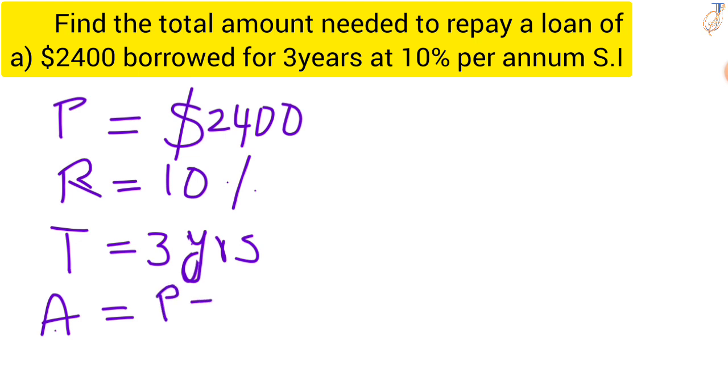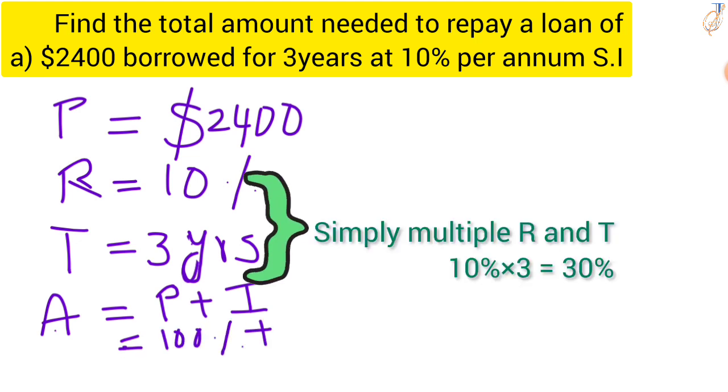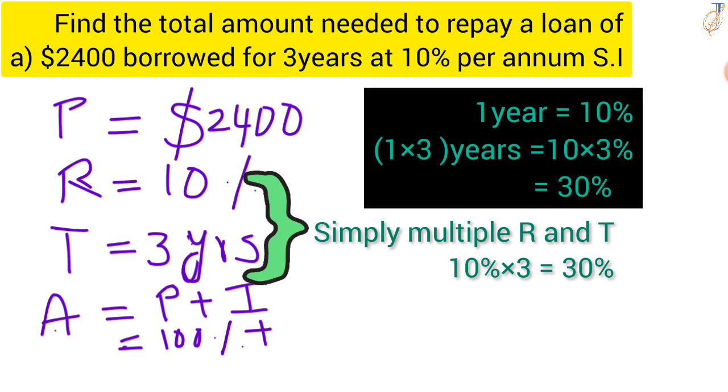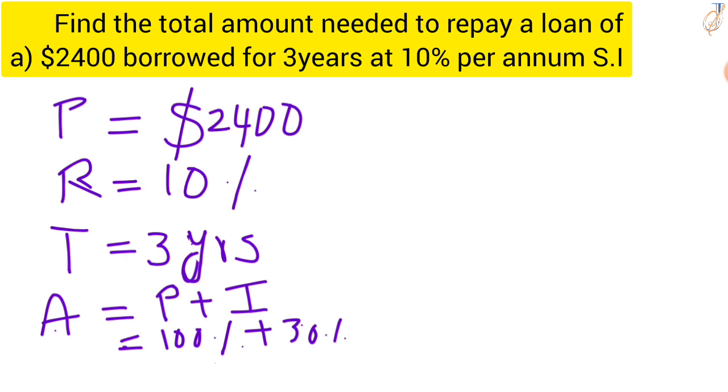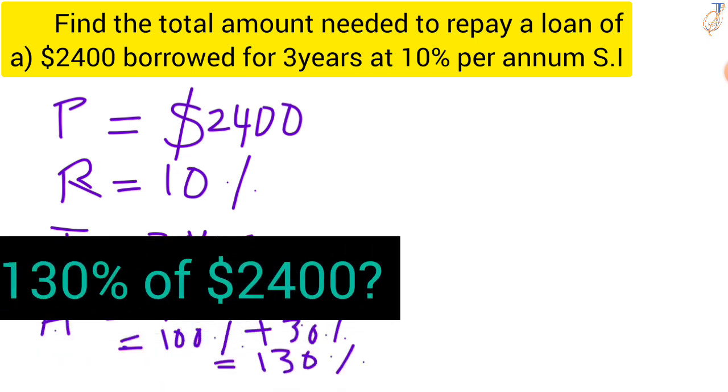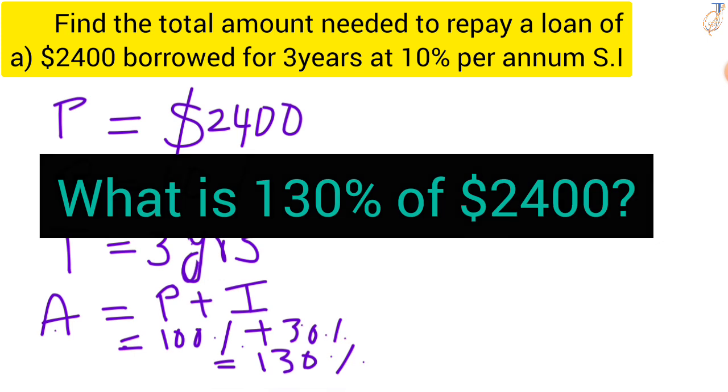When you add the interest to the principal you will get the amount. So this principal you consider as 100%. Interest for 1 year is 10%. For 3 years it is 30%. So amount is 130%.